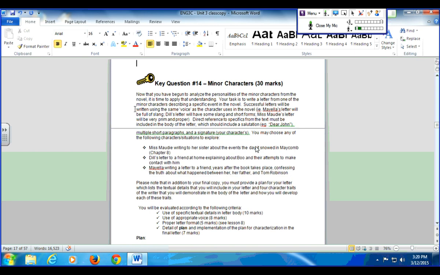So it says, now that you've begun to analyze the personalities of the minor characters from the novel, it's time to apply that understanding. Your task is to write a letter from one of the minor characters describing a specific event in the novel.